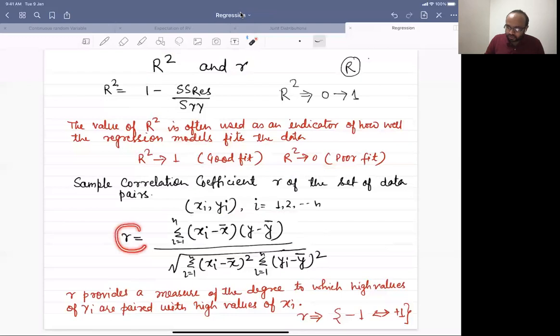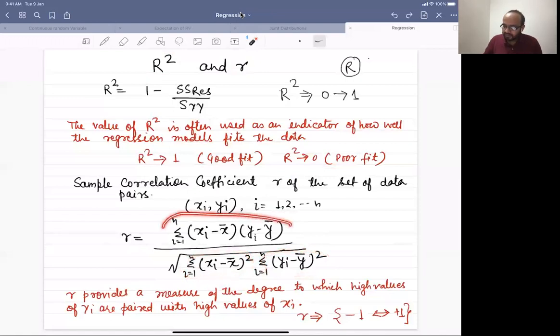This sample correlation coefficient is defined as the summation over i from 1 to n of xi minus x bar times yi minus y bar, divided by the square root of the summation over i from 1 to n of xi minus x bar whole square, times the summation over i from 1 to n of yi minus y bar whole square. So these are two measures of the variance: this is the measure of variance in the xi's, this is the measure of variance in the yi's.